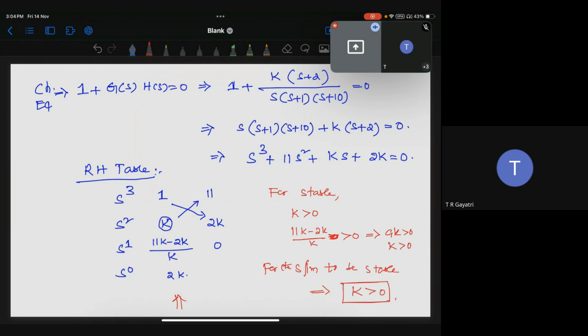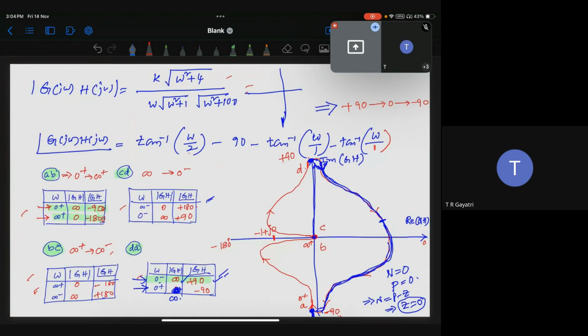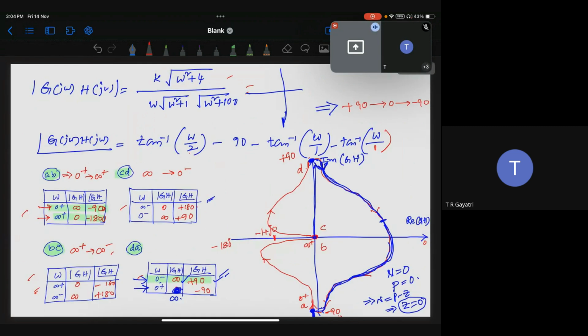It means that if you take k greater than 0, your loop always goes like this. Clear? In case you take k less than 0, can anybody tell me what will happen? Hoping this would come like this, yes or no?